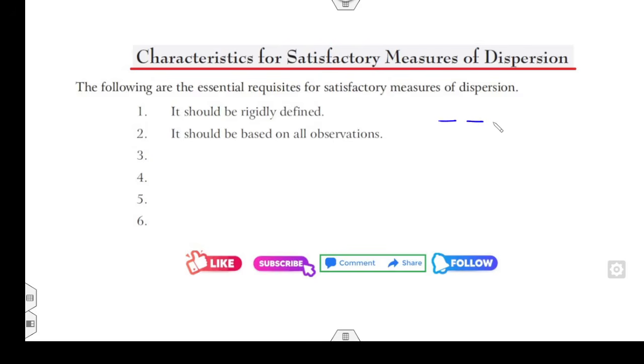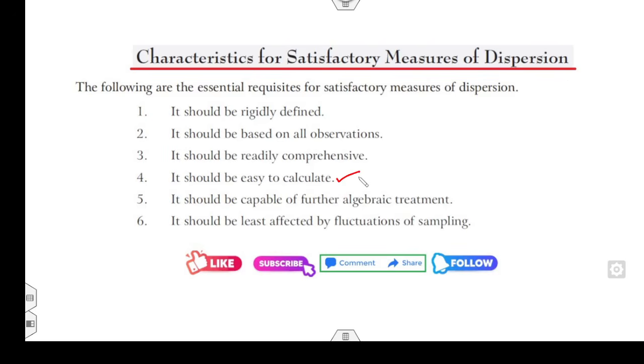Like if I have, say, 5 numbers, then all these 5 numbers must be used in calculating the measure of dispersion. Similarly, it must be easy to calculate. It should be capable of further algebraic treatment, and it should be less affected by the fluctuation of sampling.